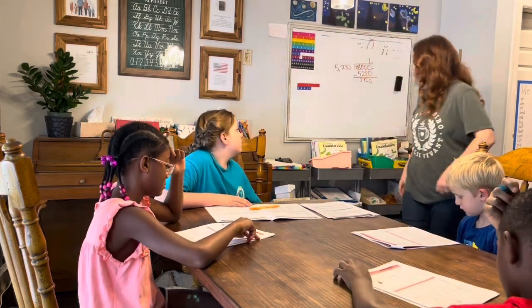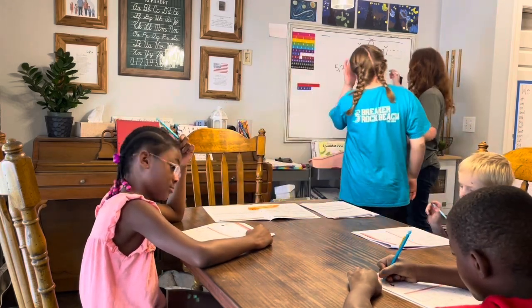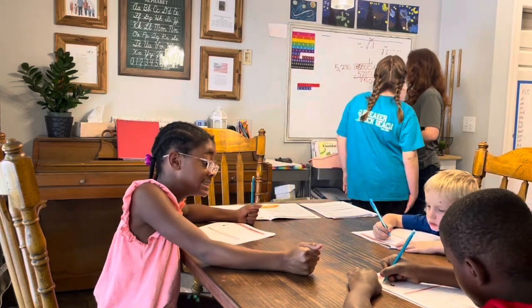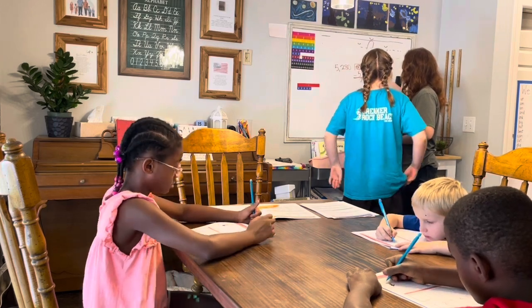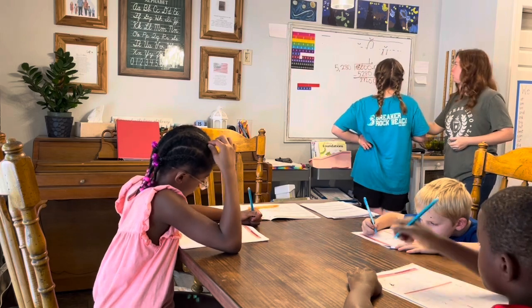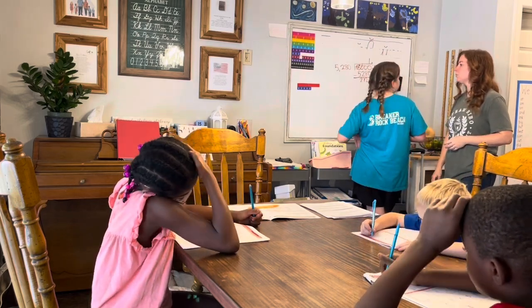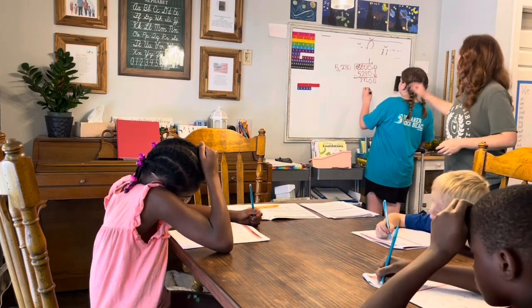Okay, so you have a remainder. So we're going to add a 0, bring it down. And now how many times is 5 going to go into 27? Okay. Try that. So put 5 up here.